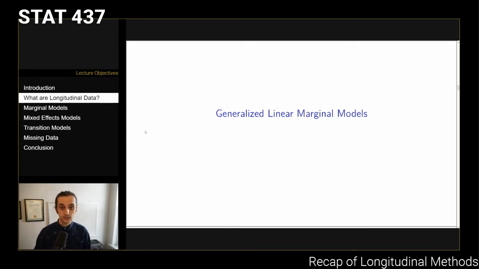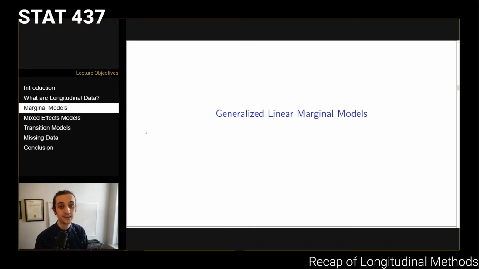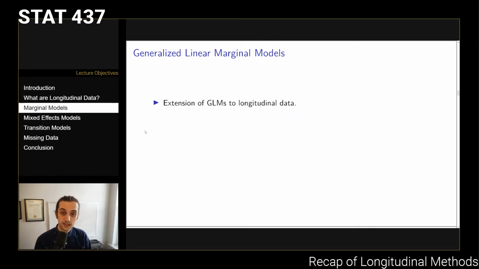So after we introduced this broadly, we talked about marginal models or generalized linear marginal models. So these formed an extension of GLMs to longitudinal data, right? So we saw how you can set up using a link function and a distributional assumption. We saw how we can take linear regression and turn it into generalized linear models. And with linear marginal models, it was the same idea.